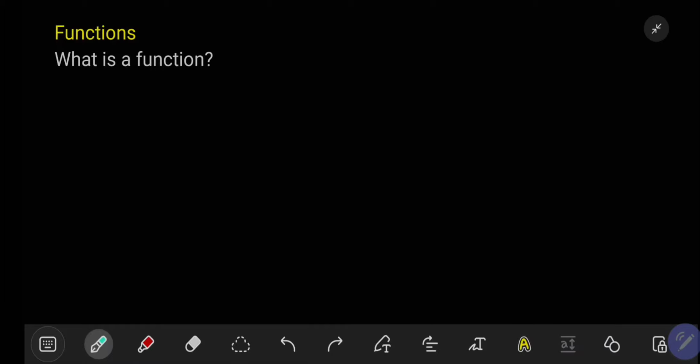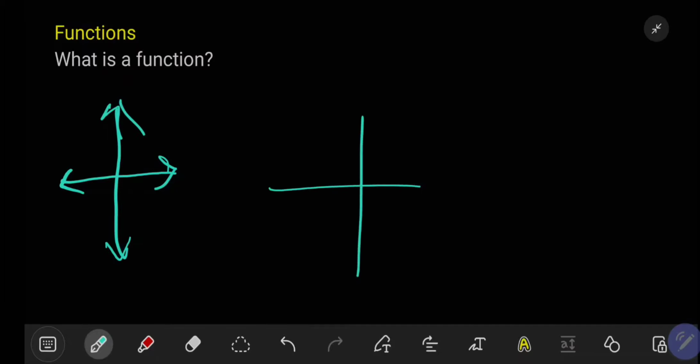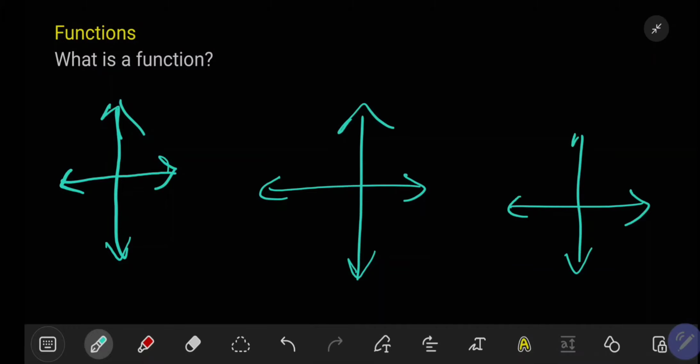One way to decide whether or not a graph represents a function is to use what we call a vertical line test. Let's say we're given three different graphs here. These are our x-axis and the y-axis.